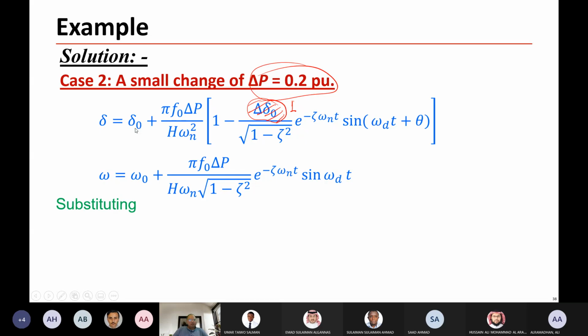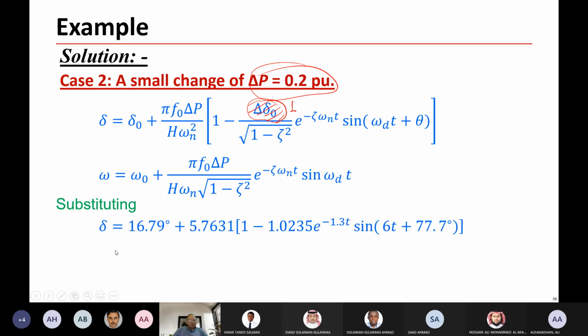So this is delta, the initial value, and this is the speed, and of course you can just substitute delta P_m equal to 0.2, f0, H, omega n. The omega n is already calculated, the zeta is already calculated, and the omega d is already calculated. All these are already calculated and don't change. These are the characteristics of the system, so they don't change whether you have a zero state or zero input.